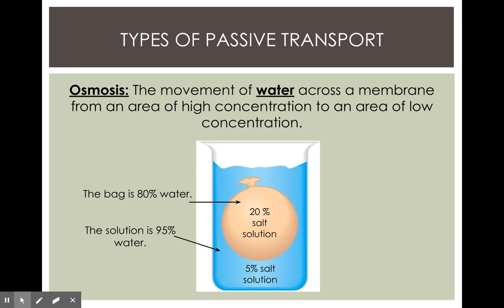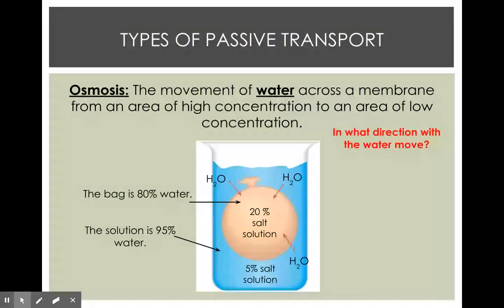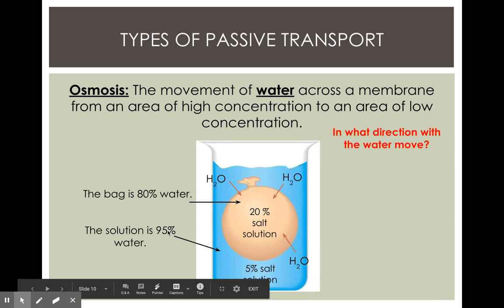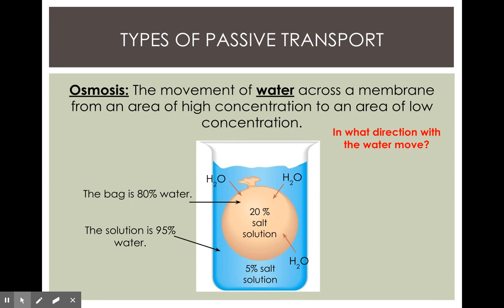In or out of the bag? If you said into the bag, then you were correct. So here we go from a high 95% to a low concentration. So from my 95% to my 80%, which was my lower number, so water will move into the bag.